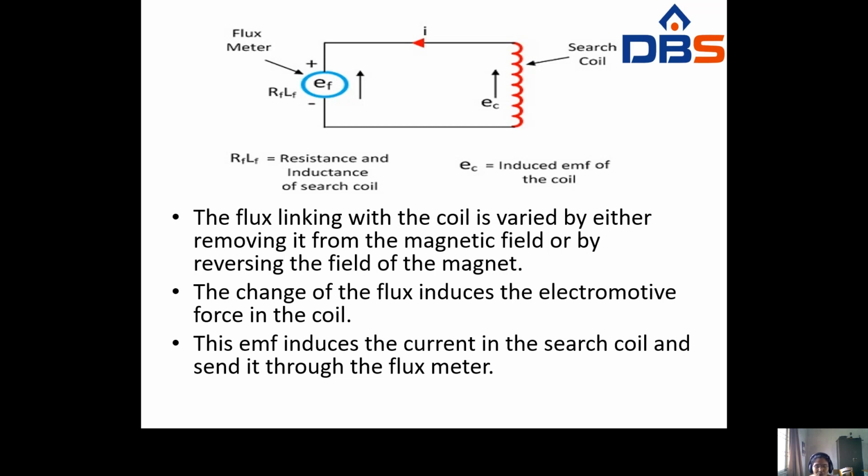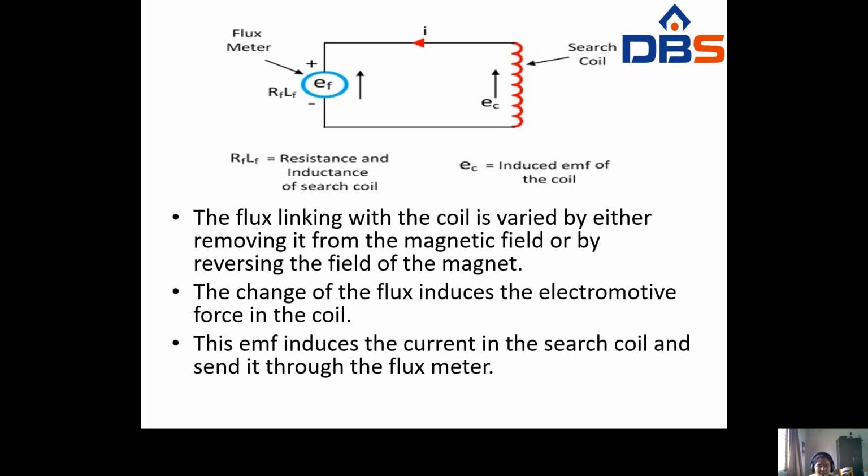See here, you have to find out the flux value. How much amount of flux is linking with the coil is varied either by removing it from the magnetic field or by reversing the field of the magnet.